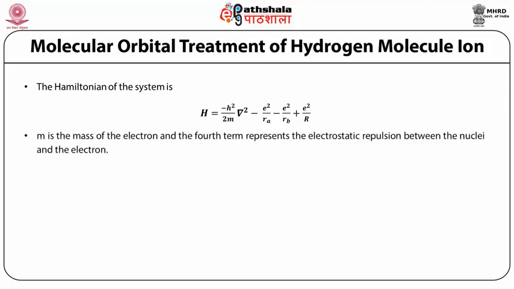Now, m is the mass of the electron and the fourth term represents the electrostatic repulsion between the nuclei.